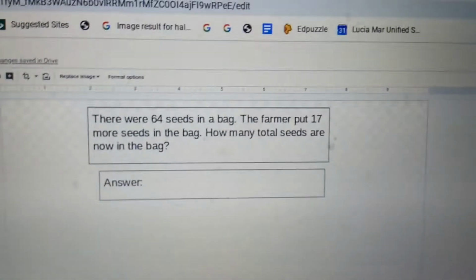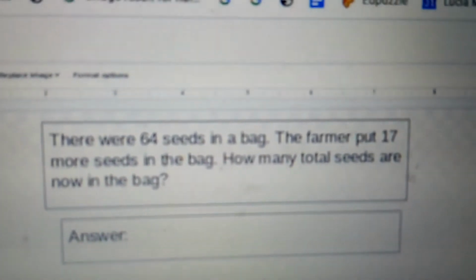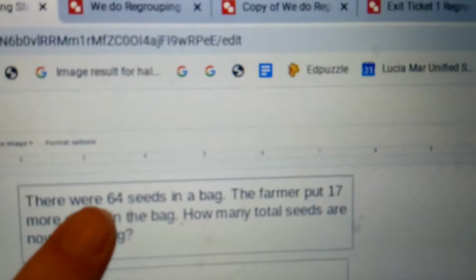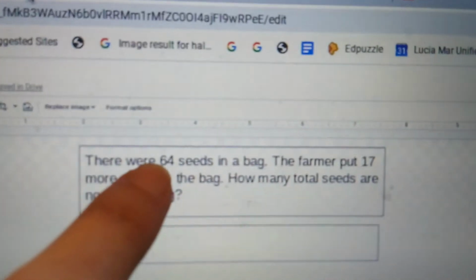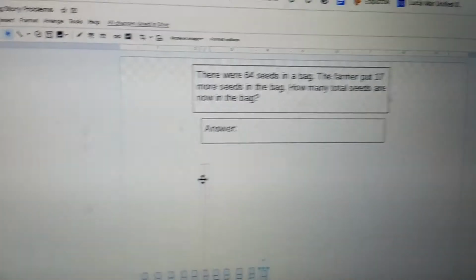I need to build both numbers. And I see my first number is 64. And 64 has a 6 in the tens place. So I'm going to go down to my 10 sticks and I'm going to grab 6 of these. And I'm going to count by tens as I pull them up. You can count with me as I do that.